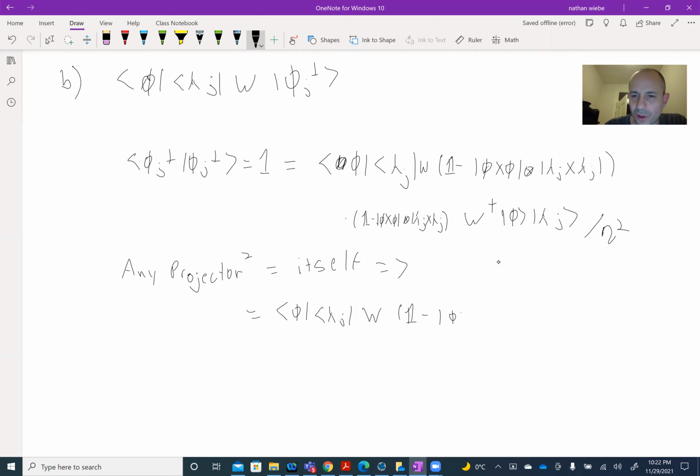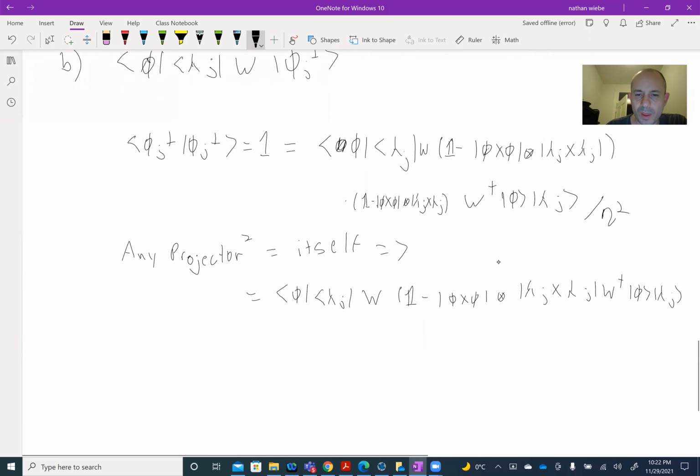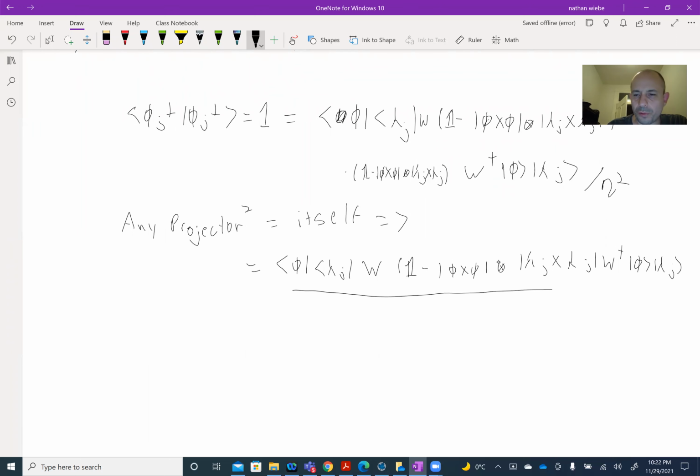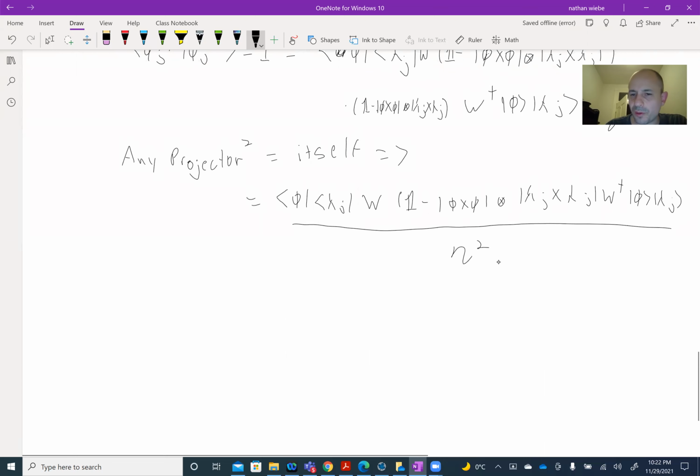Identity minus phi tensor lambda j, W adjoint, phi lambda j, divided all through by eta squared. So now let's distribute this through.